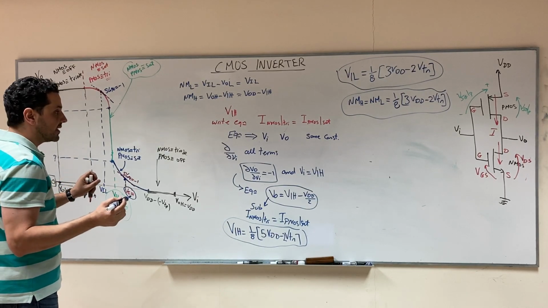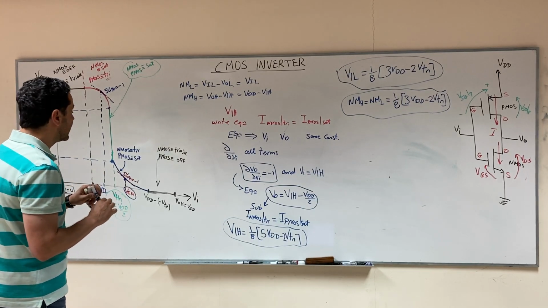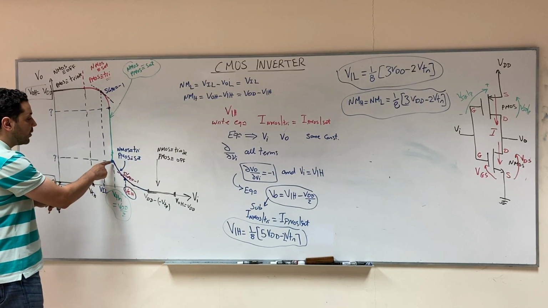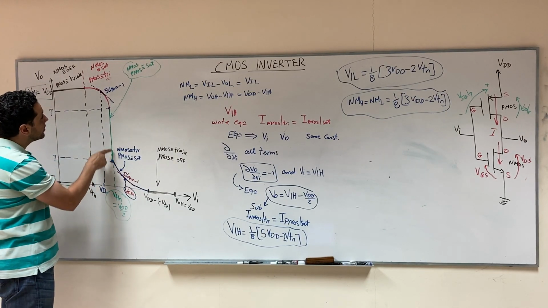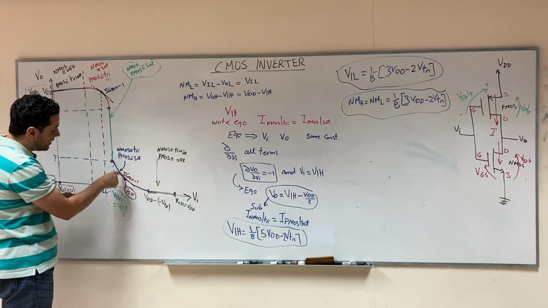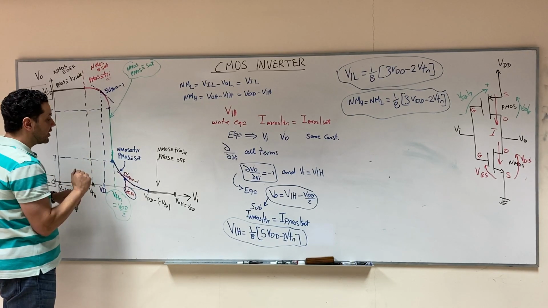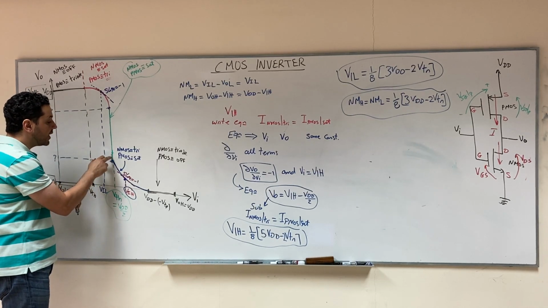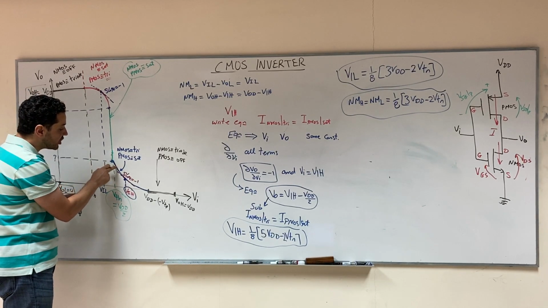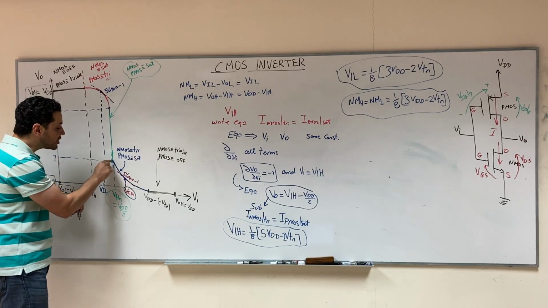Let's take one of them as an example. For example, this point. What happens at this point? At this point, the NMOS here was saturation, and here it will become triode. So at this point, the NMOS will switch from saturation to triode. So this is the edge of saturation.